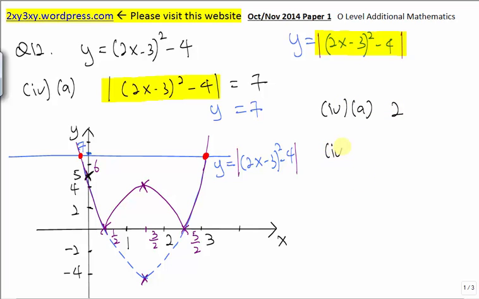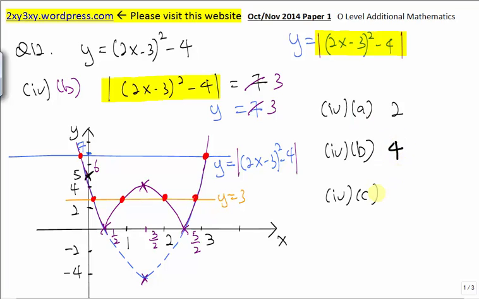For part 4b, this value here will change to 3. That means you are going to draw the line y equal to 3, and the number of solutions is 1, 2, 3, 4. So the answer for part 4b is 4.